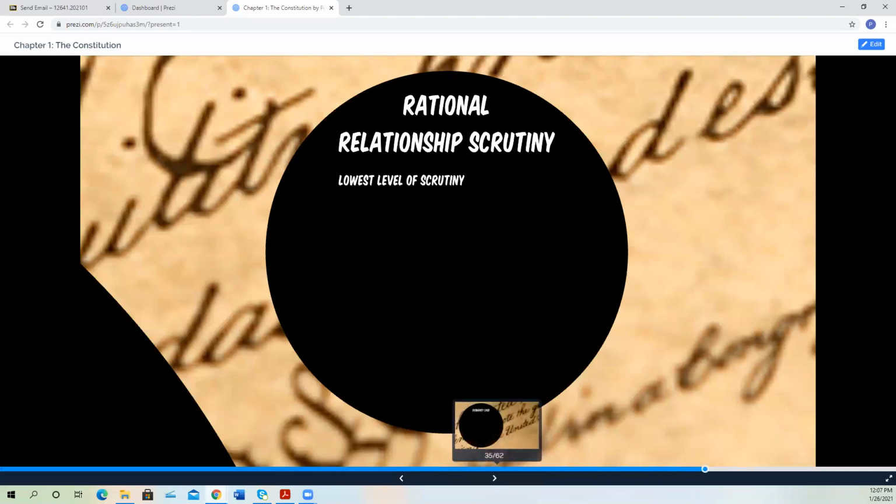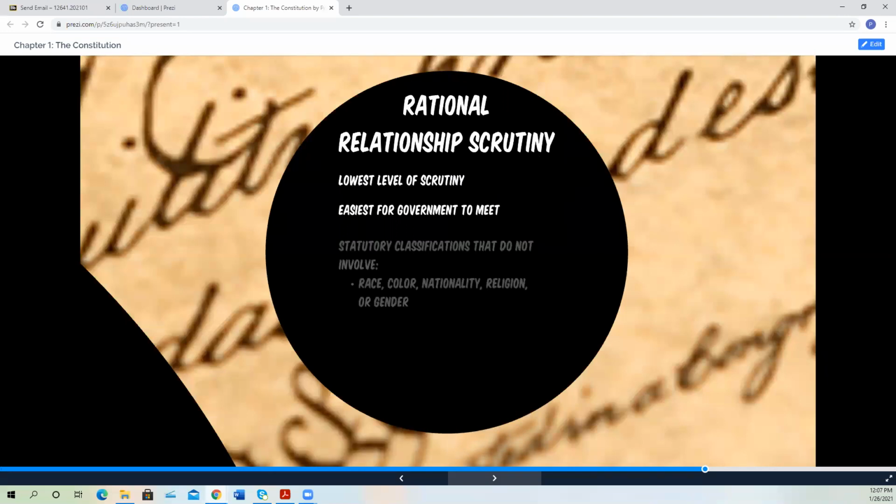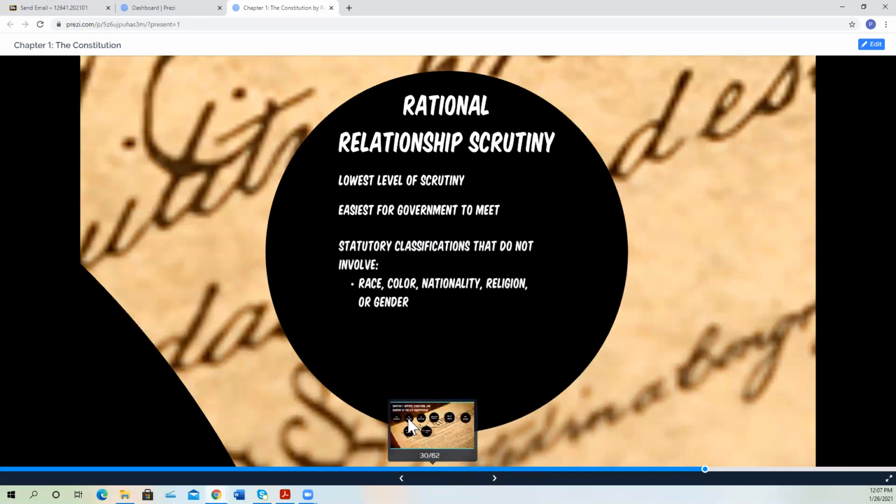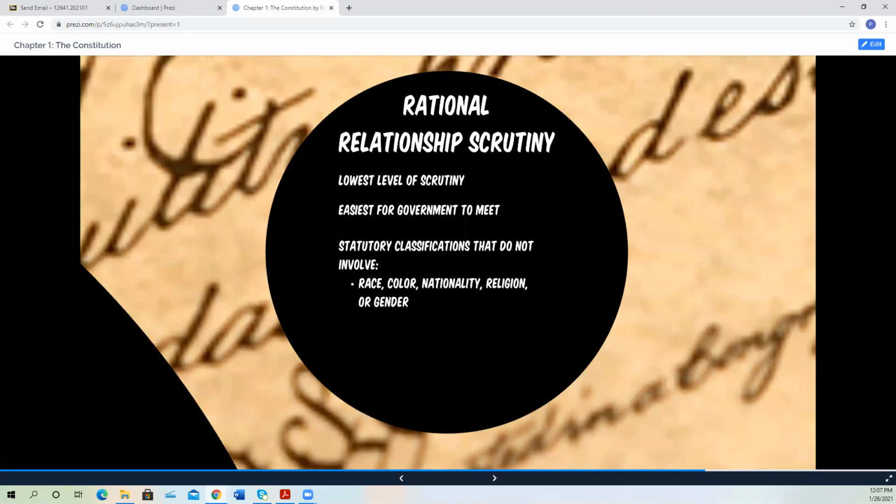So rational relationship is our lowest level of scrutiny. It's the easiest level of scrutiny for the government to meet. And it includes statutory classifications that do not involve race, color, nationality, or gender.